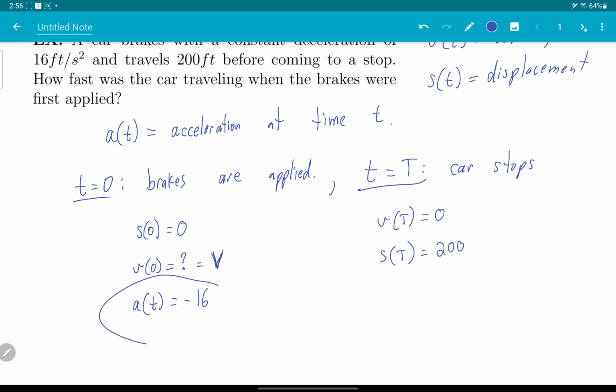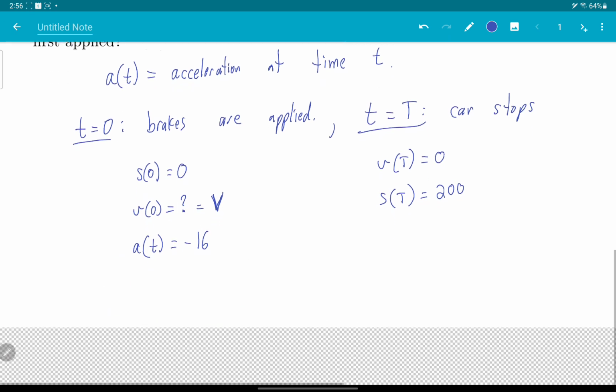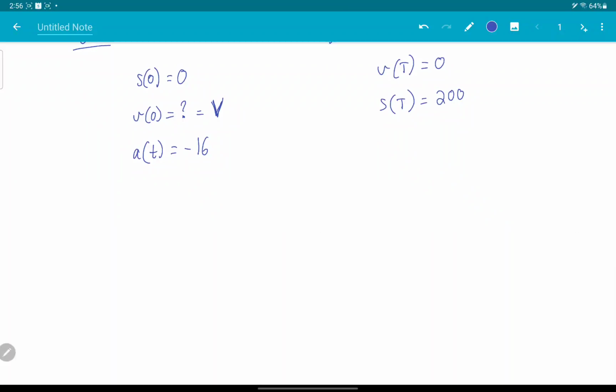All right, so I'll start with my, I guess you could think of this as my second derivative of displacement. I'll start doing my antiderivatives. So antiderivative of acceleration is going to be my velocity plus a constant here. Now I should plug in two pieces of information. So initially, when I plug in t equals 0, I get capital V for velocity.